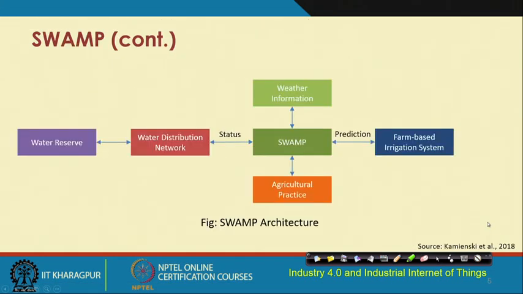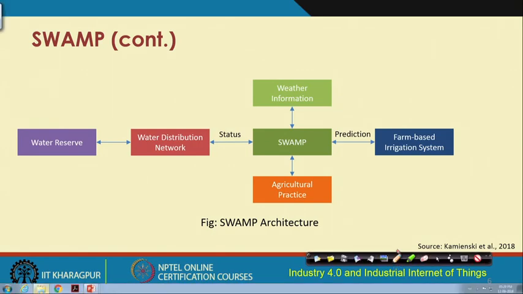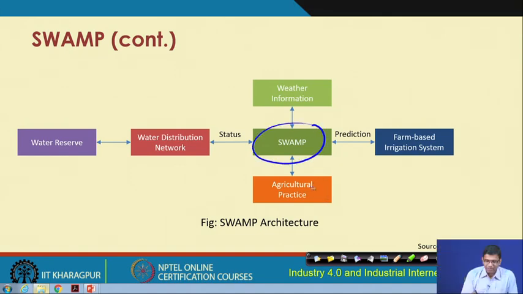This is the SWAMP architecture. These are the different components interacting with SWAMP: agricultural practice, weather information, status of the water distribution, and data from the water reserve and the water distribution network.